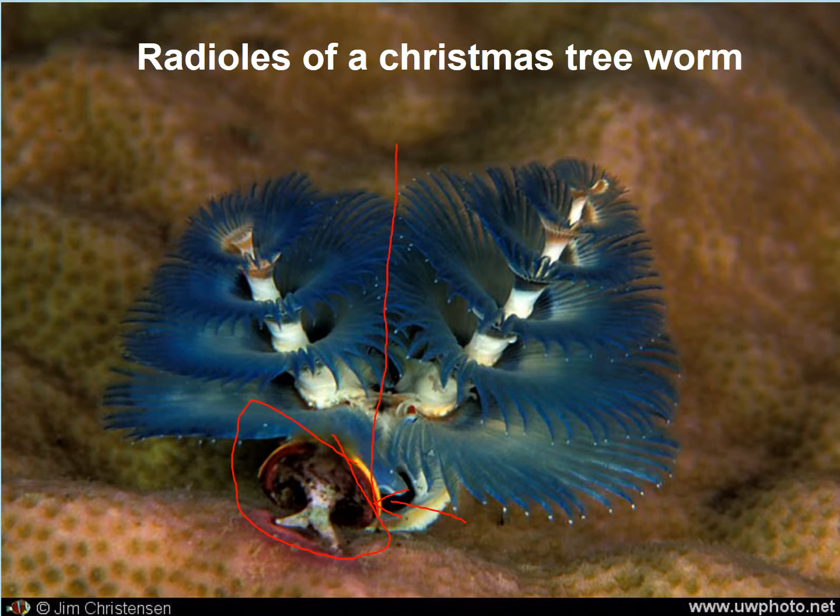It's a little cap that goes over the tube when these things withdraw back down into the tube. So the cilia beat and produce a little water current that takes the water across them, and then they filter out any little particles that are in the water column.